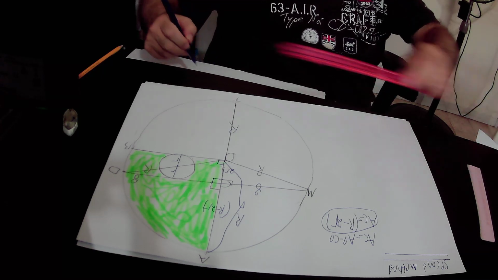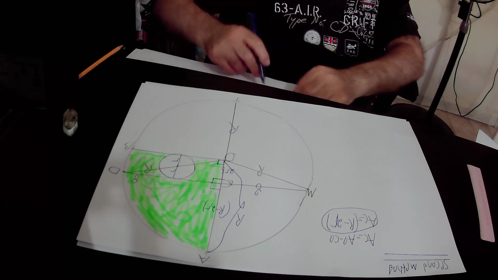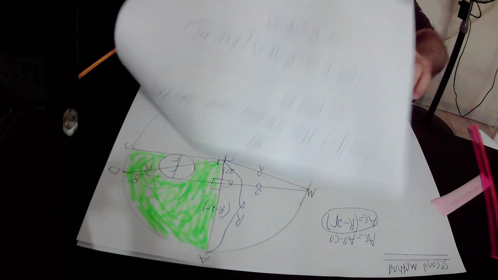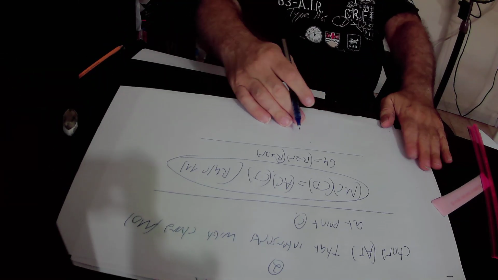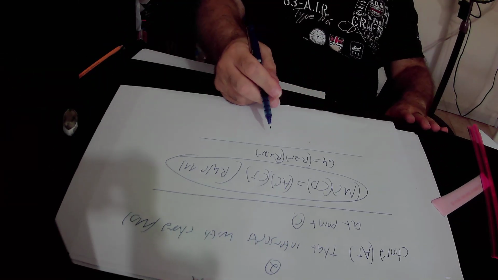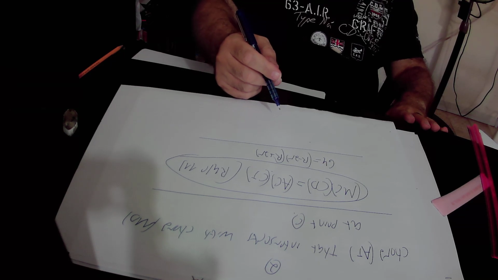So, in conclusion, according to rule number 11, 64 equals capital R minus 2R times capital R plus 2R.